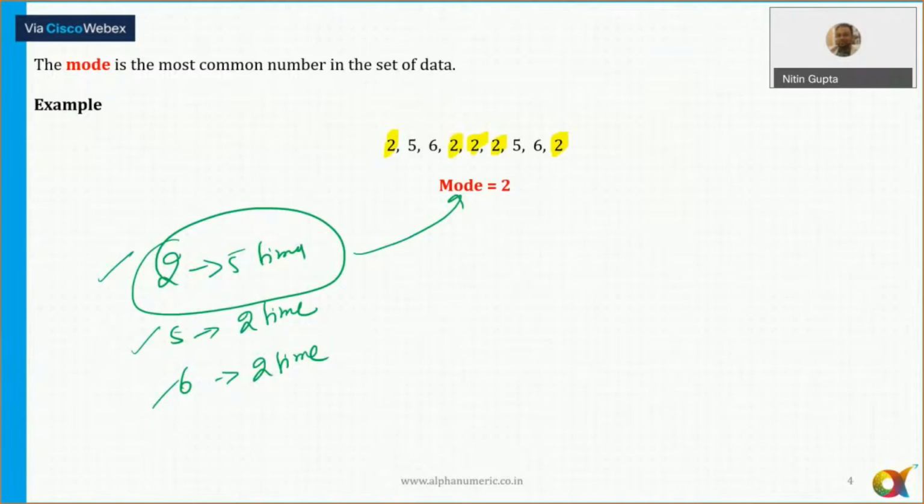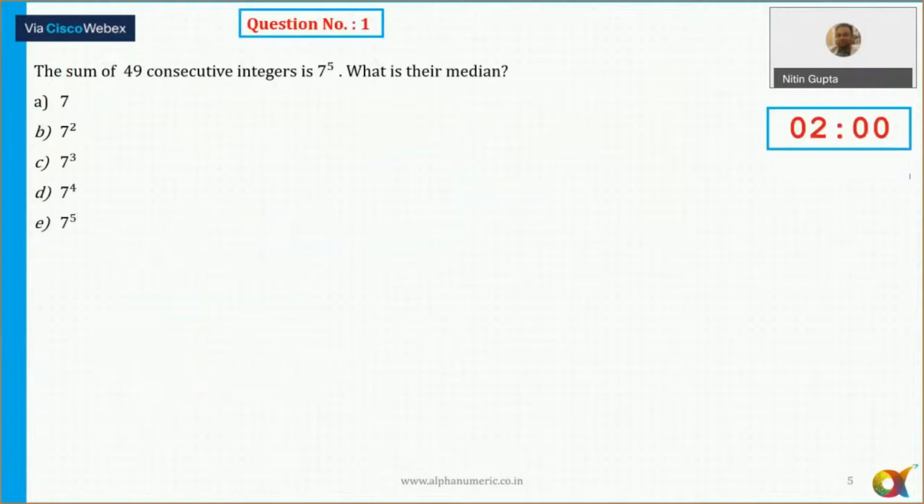So here's the first question, which is a very easy one. I'm giving you a maximum of 2 minutes, though this question doesn't deserve even that. Your time starts now. Please start. What is the answer to this question? Please tell me.